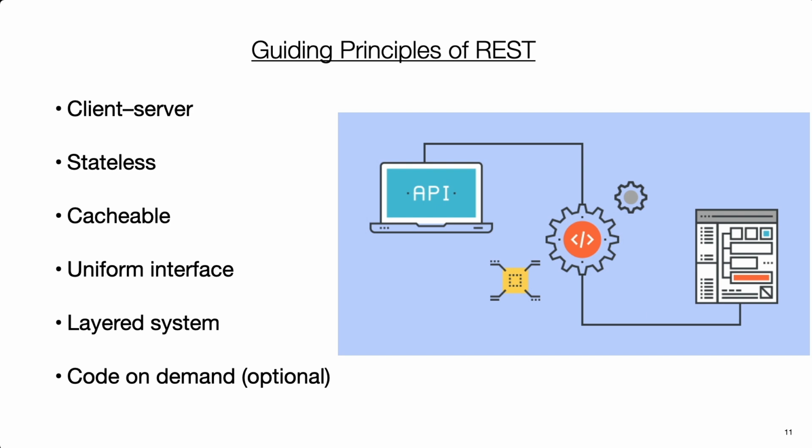There may be many layers of caching. These caches shouldn't interfere with the behavior of our application. Interface should be uniform and easily understood. We're expecting a layered type architecture to be possible. And code on demand is something that could be possible in certain contexts.